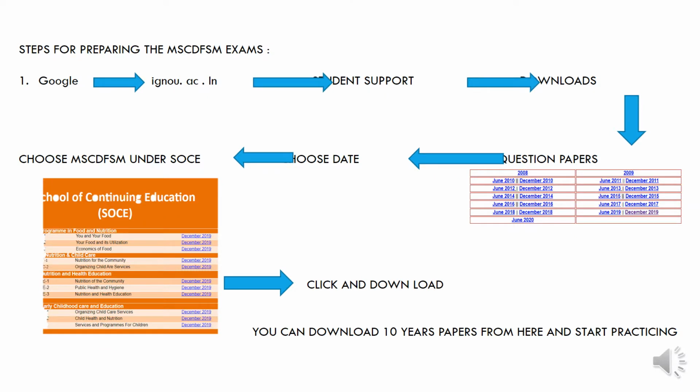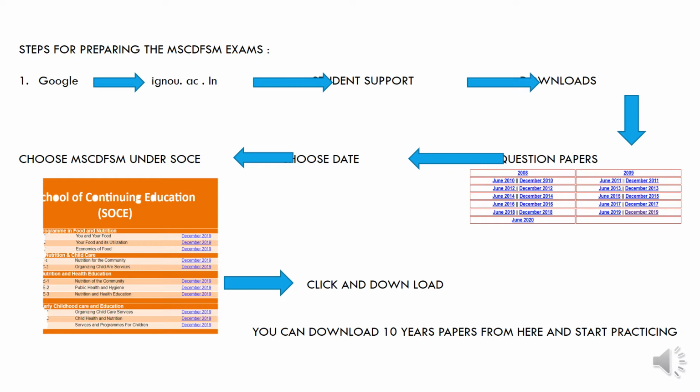First of all, whenever you want to prepare for the examinations, go to Google and type ignou.ac.in. After that, go to Student Support, then Downloads, and then Question Paper. Whenever you see the question paper, you can see a window like this.